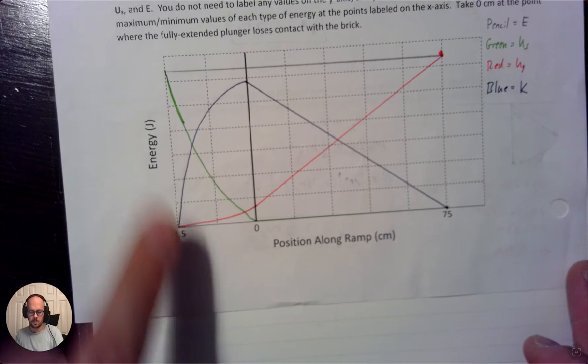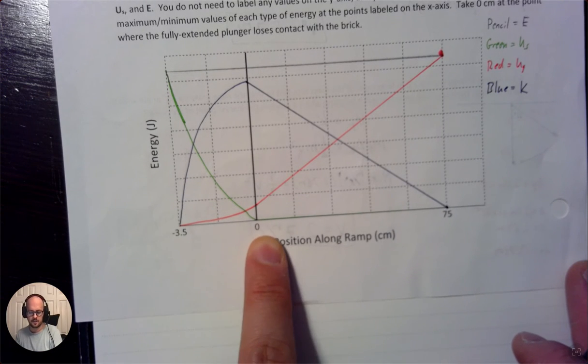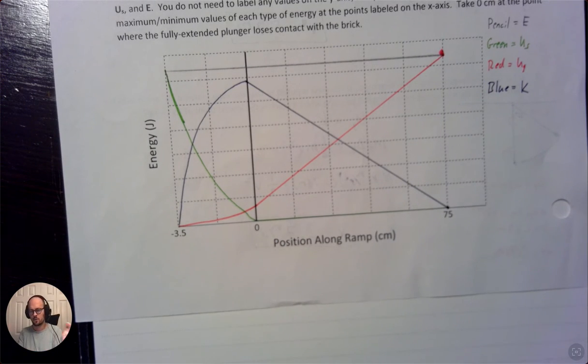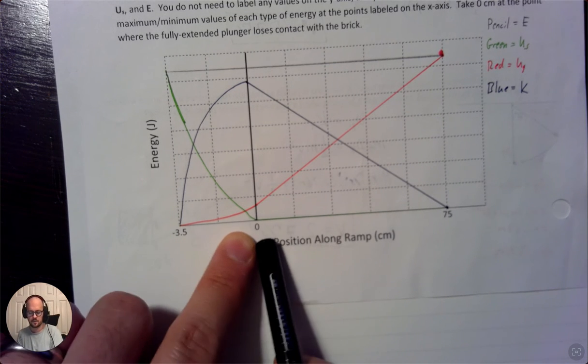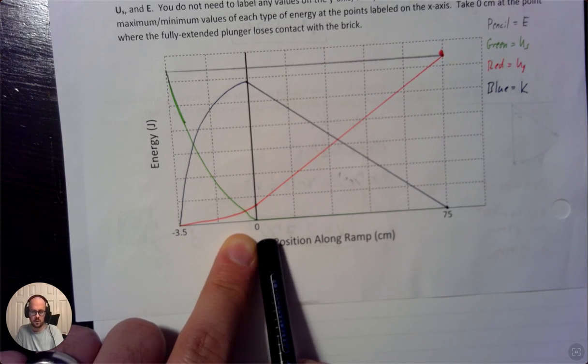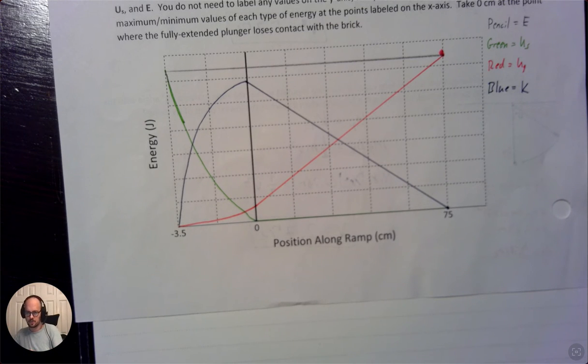And then from a position of negative 3.5 to 0, that is the distance over which the plunger extends. Once the cart gets to a position of 0, the plunger loses contact with the brick. So the cart pushes away, and then once it gets far enough away, the whole system starts to move.